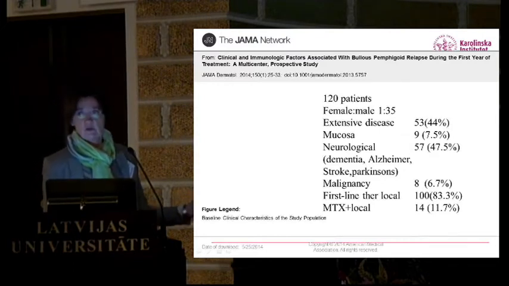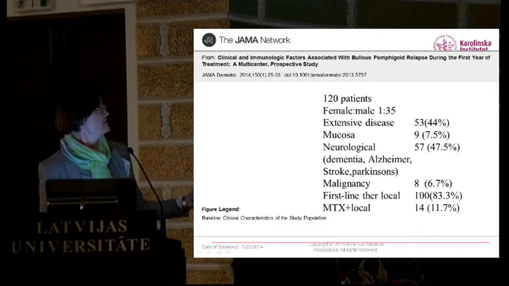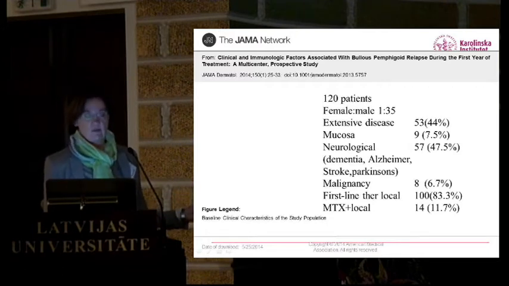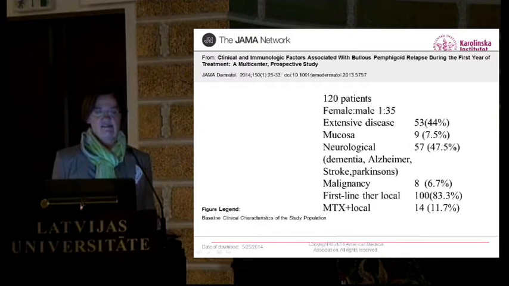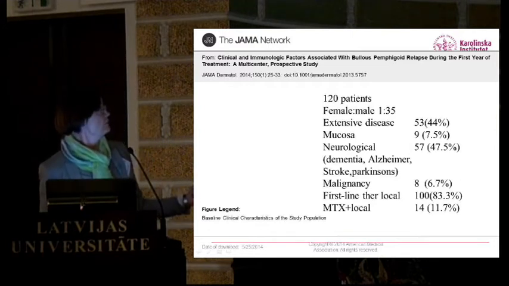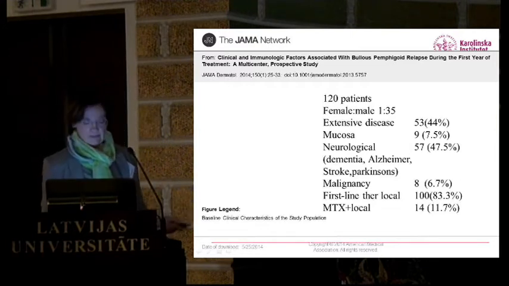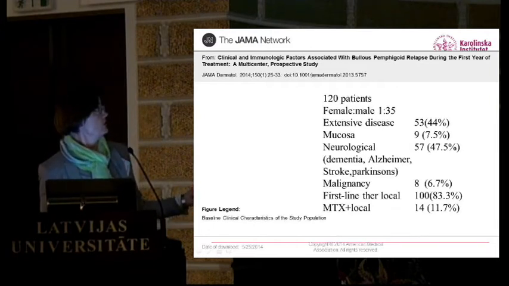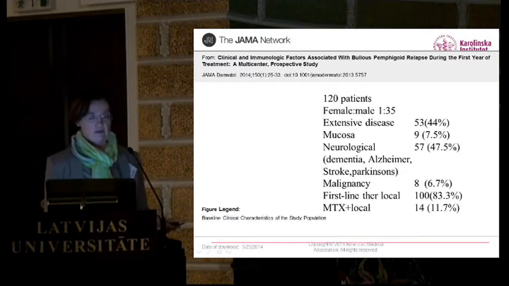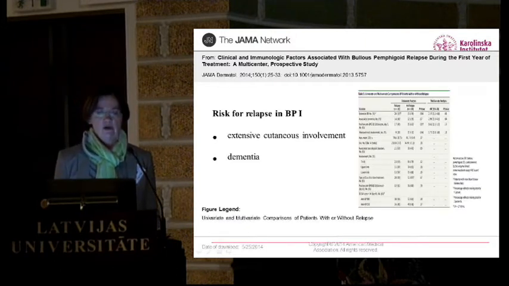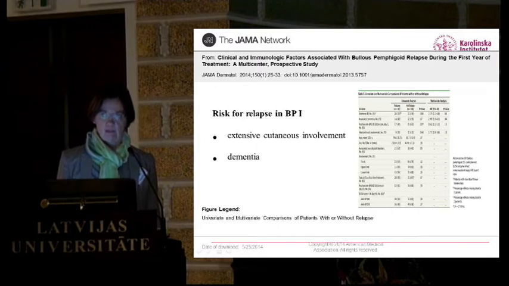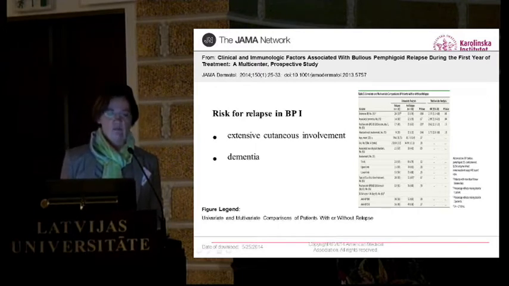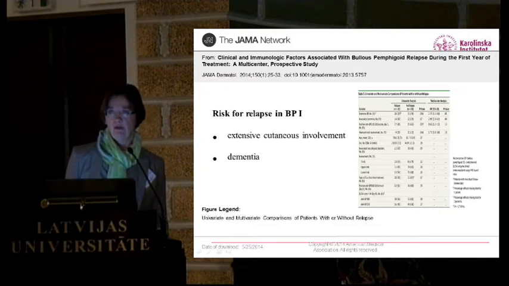And what they noted, which was quite interesting, was that 57 of them, 47%, had also neurological disease, like dementia, Alzheimer's, stroke, and Parkinson's. Also, some of them had malignancy, and the first-line treatment was local therapy with potent steroids or methotrexate. So they found that when they looked at multifactorial analysis, that extensive cutaneous involvement and dementia were predictors for recurrence in these patients.